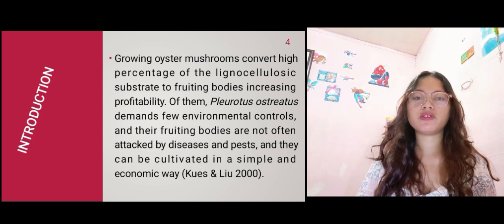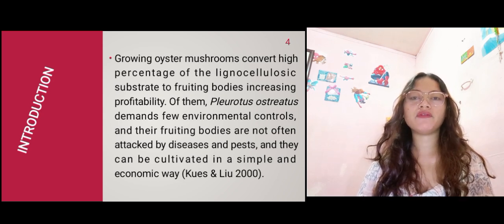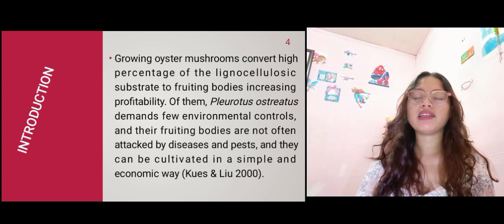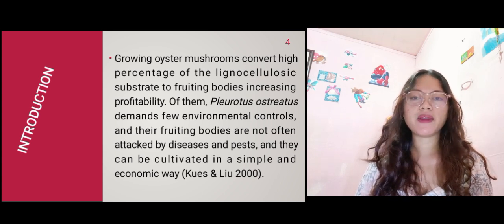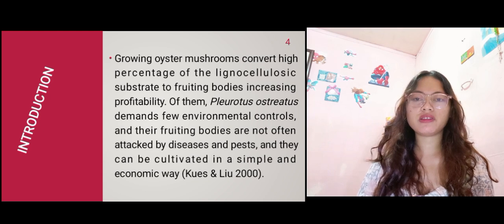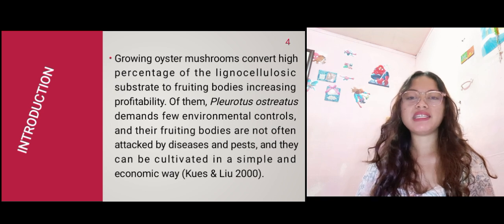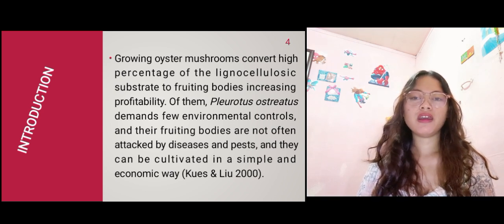Growing oyster mushrooms convert a high percentage of the lignocellulosic substrate to protein bodies, increasing profitability. Of them, Pleurotus striatus demands few environmental controls, and their fruiting bodies are not often attacked by diseases and pests, and they can be cultivated in a simple and economic way.